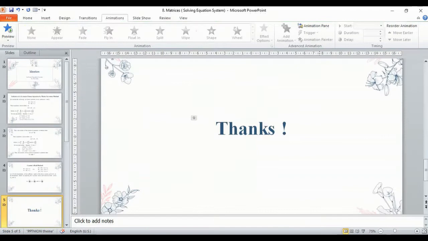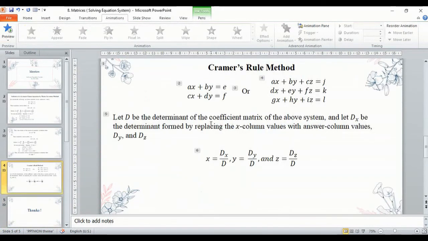Okay, what about dx? They already give us the determinant form by replacing a column with the answer column value. Remember, when you want to use the variable x, it means you need to replace the x column value with the answer column value.